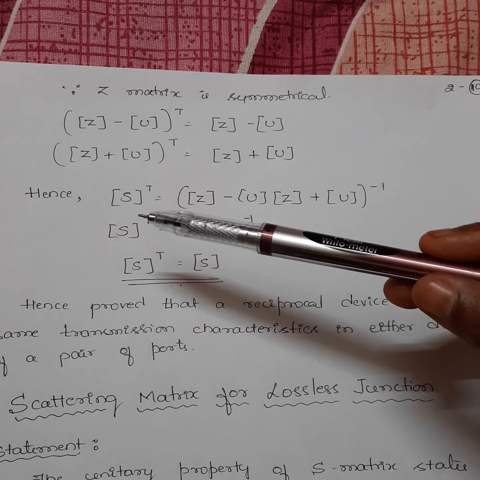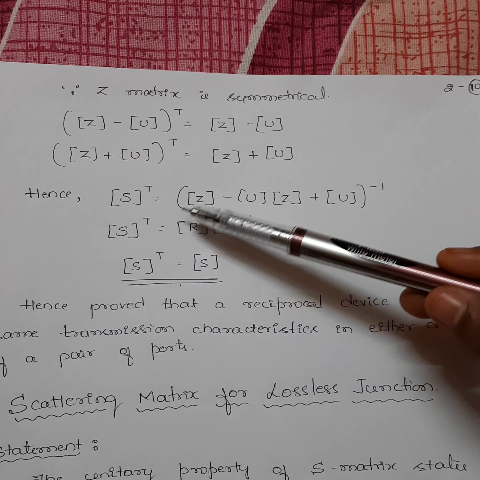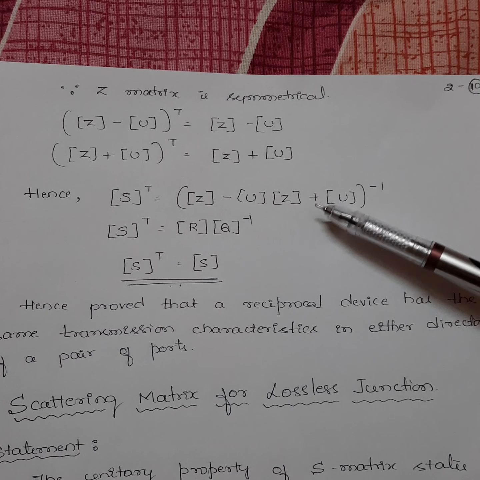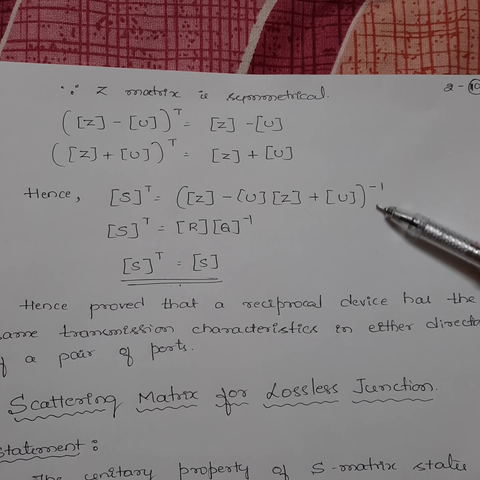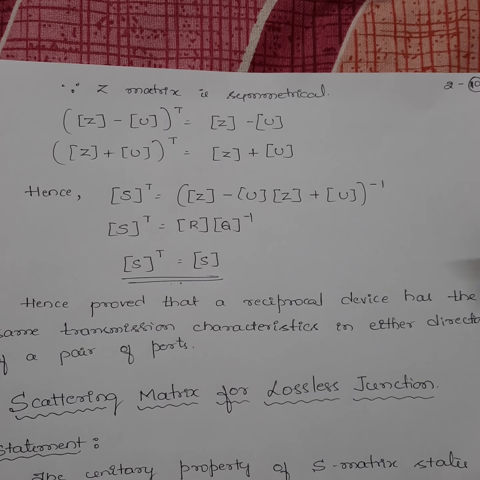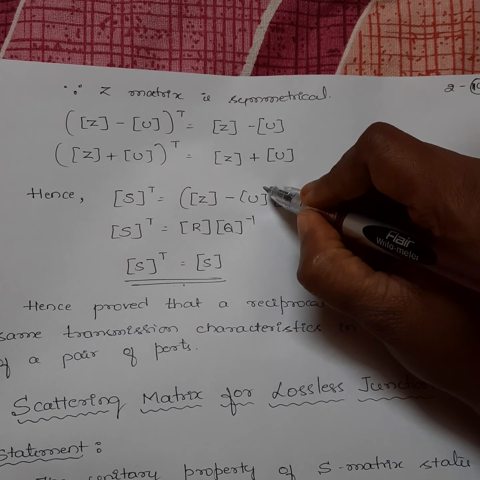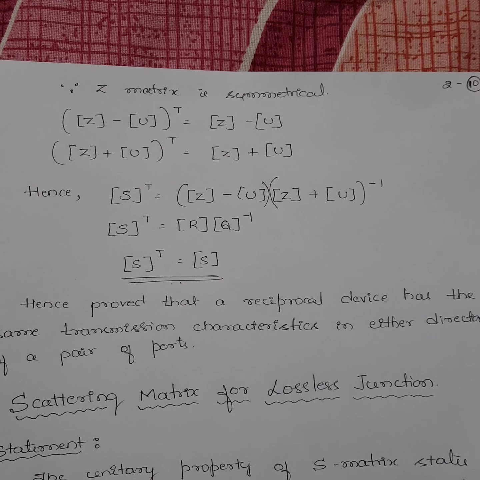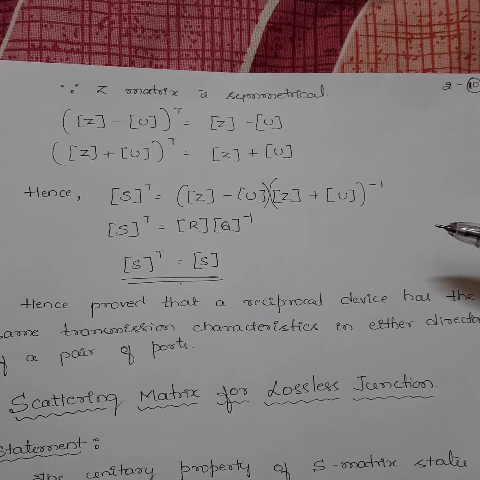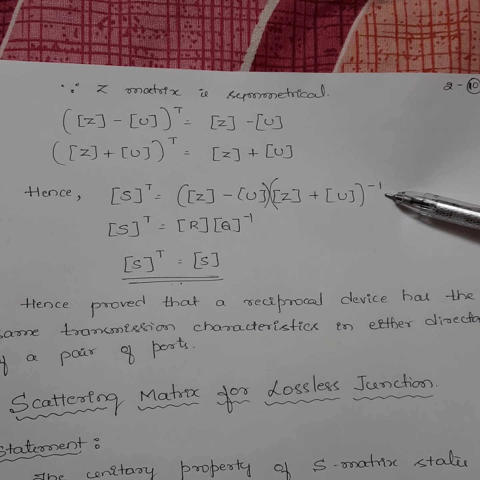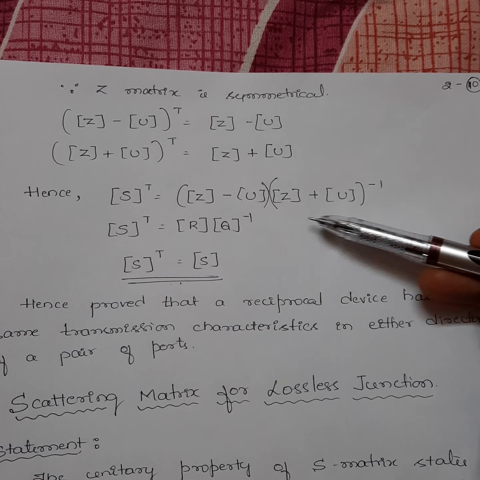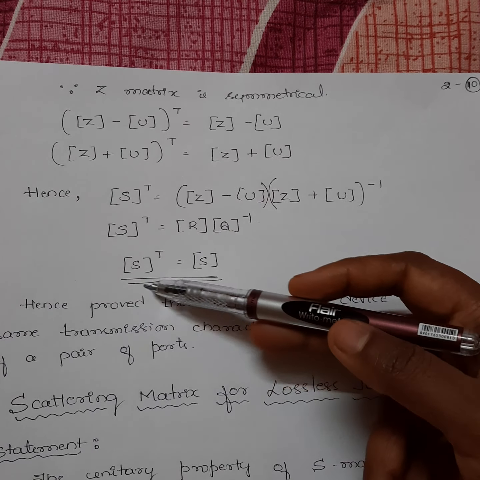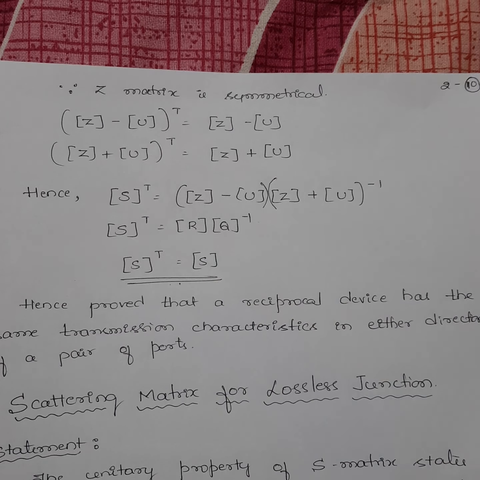Therefore, S transpose is equal to Z minus U into Z plus U whole inverse. Z plus U is nothing but Q. This is R. S transpose is equal to R into Q inverse. This is nothing but, it is similar to S.